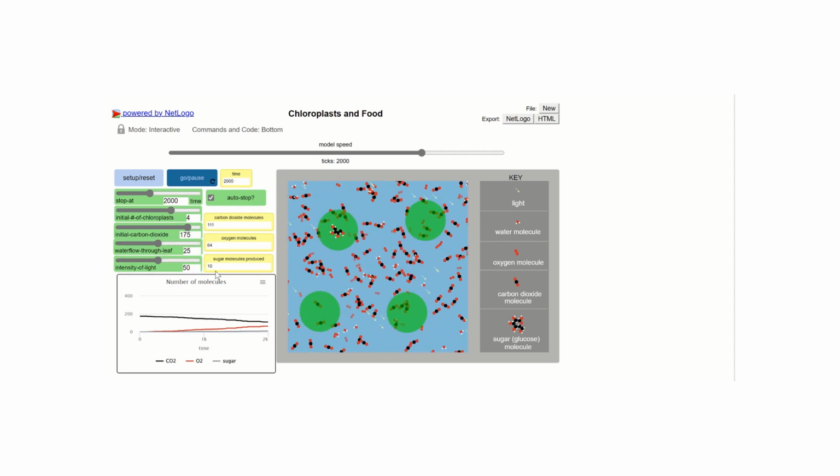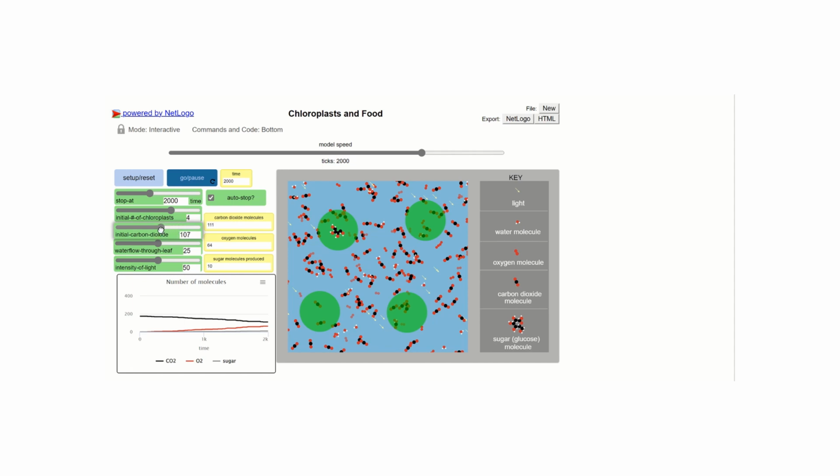And it stopped. When we increased the carbon dioxide to 175, we got 64 oxygen molecules and 10 sugar. Nice.